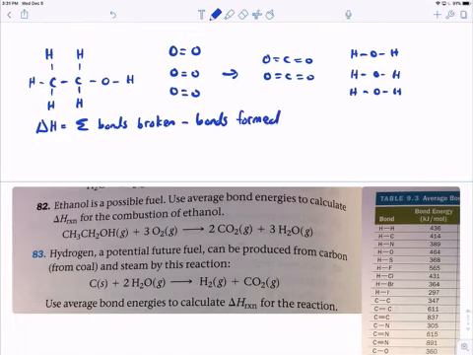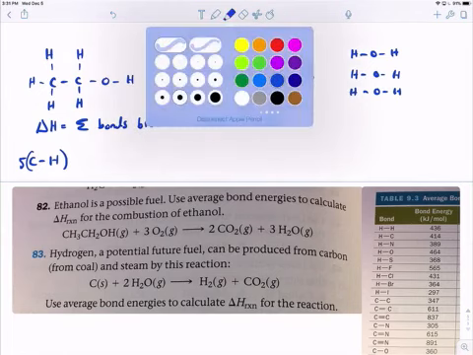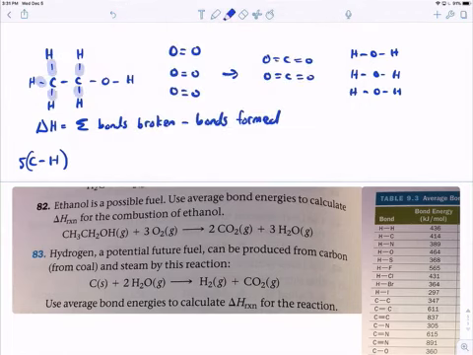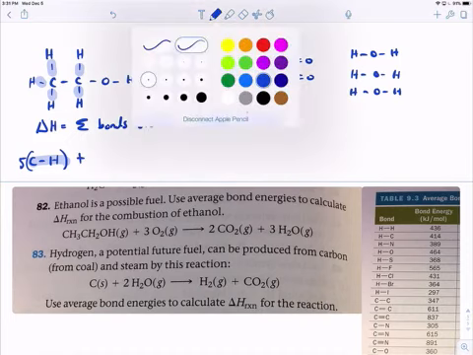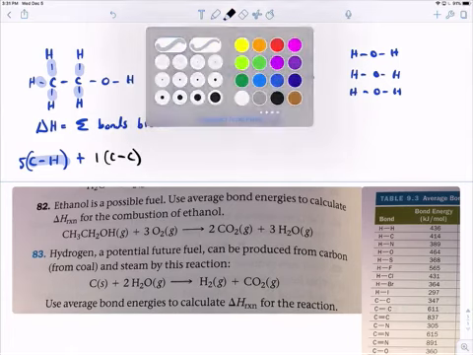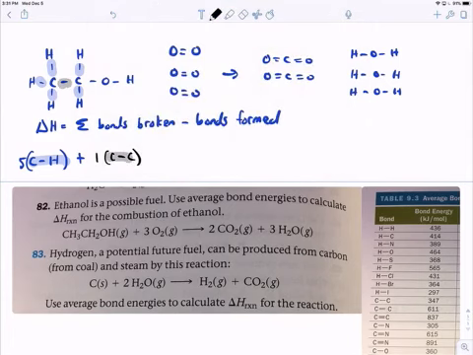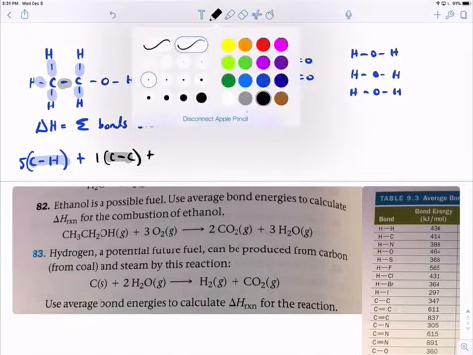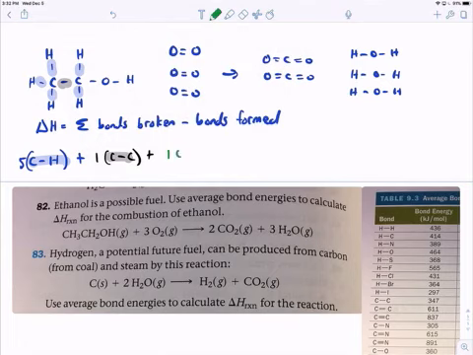So the bonds broken, we have 5 C-H bonds, plus 1 C-C single bond, plus 1 C-O single bond.